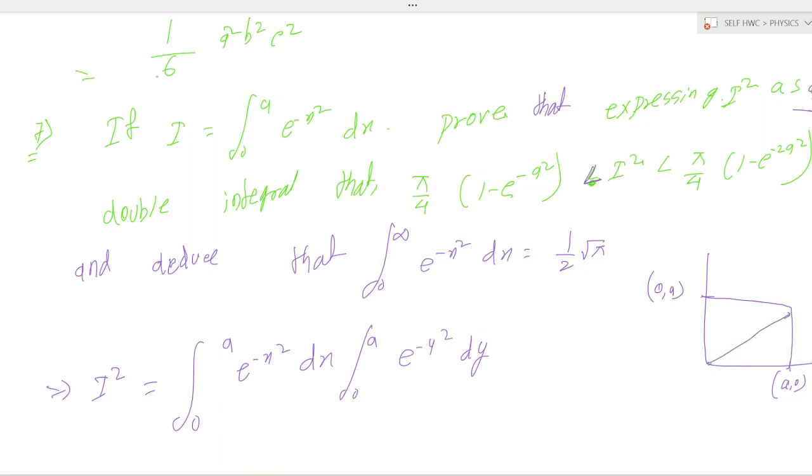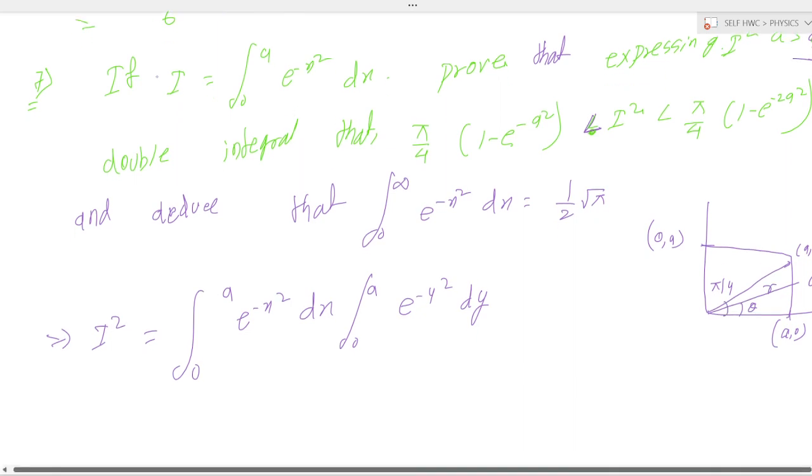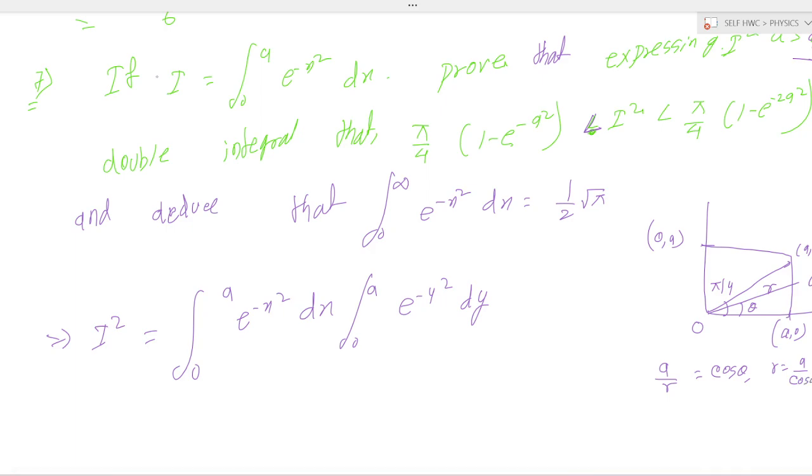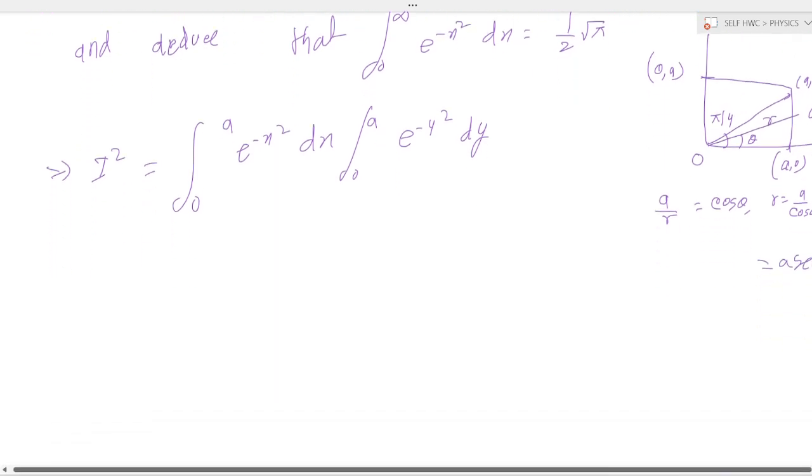This point is r comma theta, and this is the point a comma a, with angle pi by 4, distance r and angle theta. And a by r is equal to cos theta, so r is equal to a by cos theta, which is a sec theta.